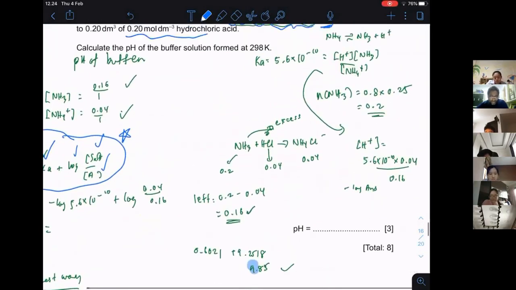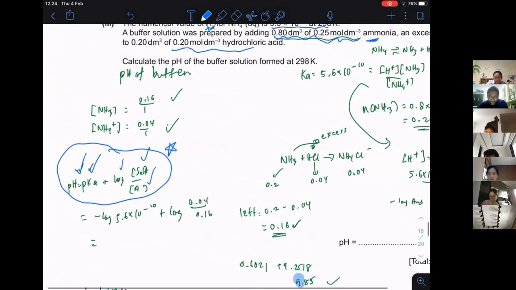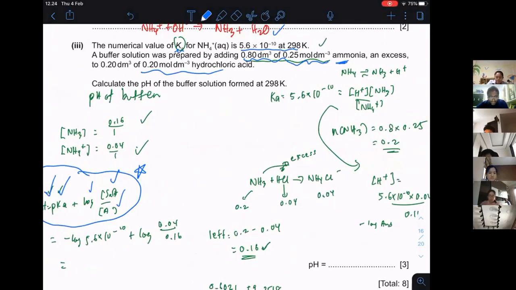So I'll teach you how to do it. Basically, what I need to do is find out first the number of moles of ammonia and the number of moles of hydrochloric acid. Because ammonia will react with HCl to give you ammonium chloride. So they have mentioned ammonia is in excess.